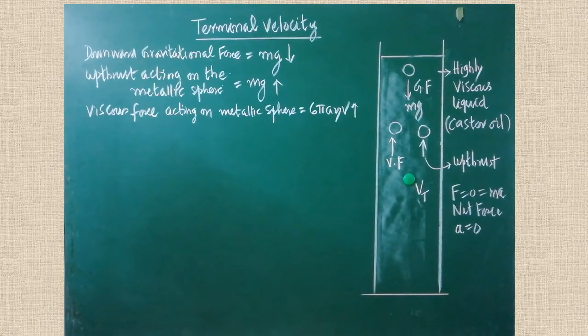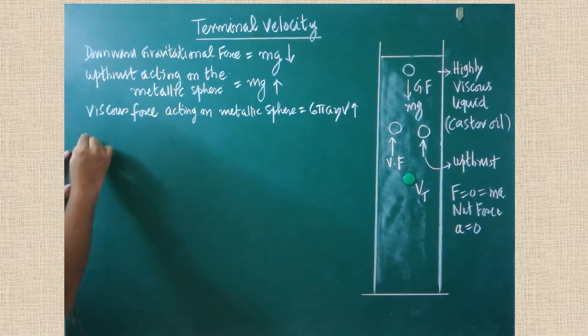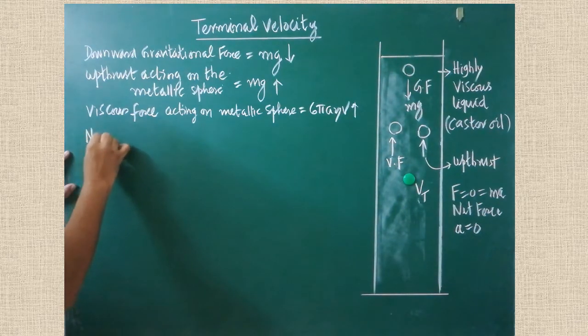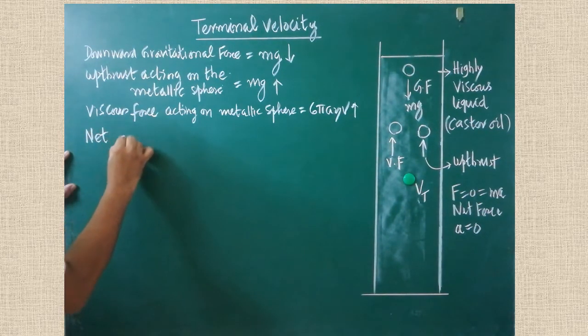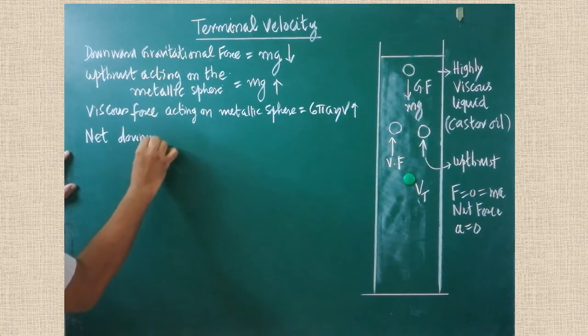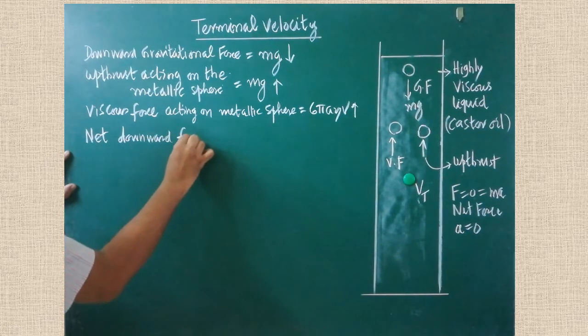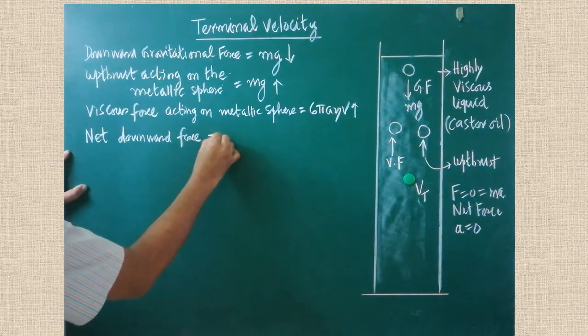Make a note. Now we have to get the appropriate formula for all the three. Are you clear? Now how can we write? Here, as I have told earlier, when the metallic sphere attains the constant velocity, what is the condition for that? Look at that. Here the net downward force must be balancing with which one?